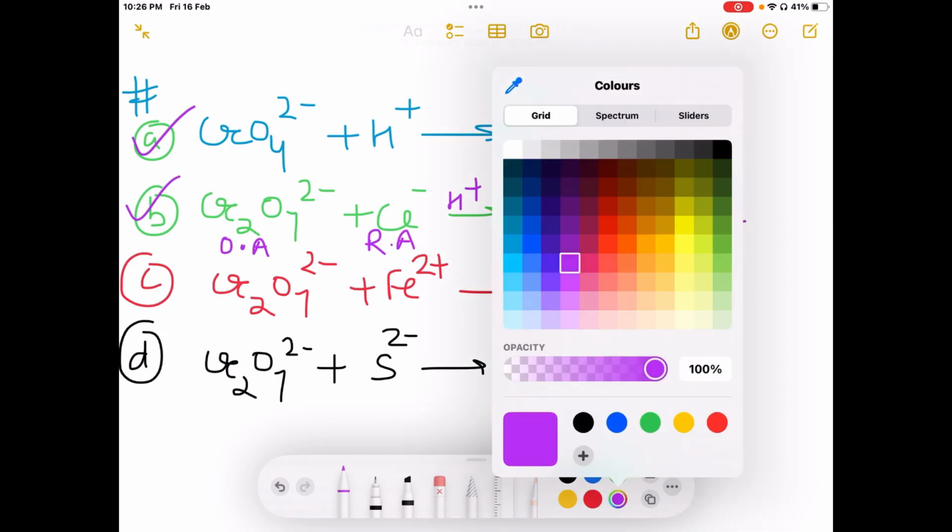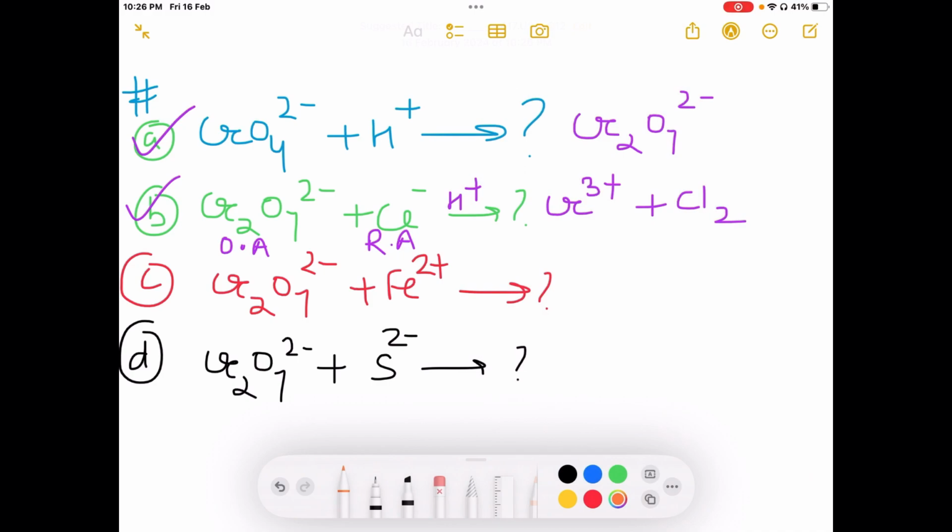Next, Cr2O7 2- with ferrous: again dichromate behaves like an oxidizing agent, changing to Cr3+, and ferrous to ferric. Lastly, we have dichromate ion with sulfide. Dichromate changes into chromium and sulfide to sulfur. This is a basic skeleton equation. You can easily balance the number of atoms and the charge on both sides of a reaction.